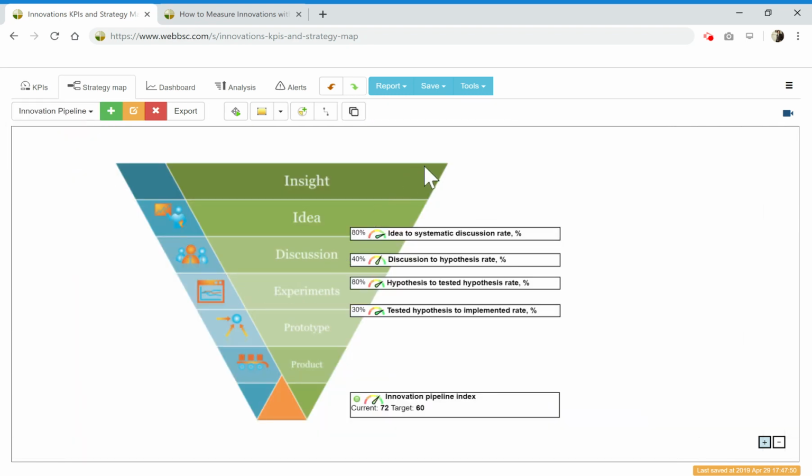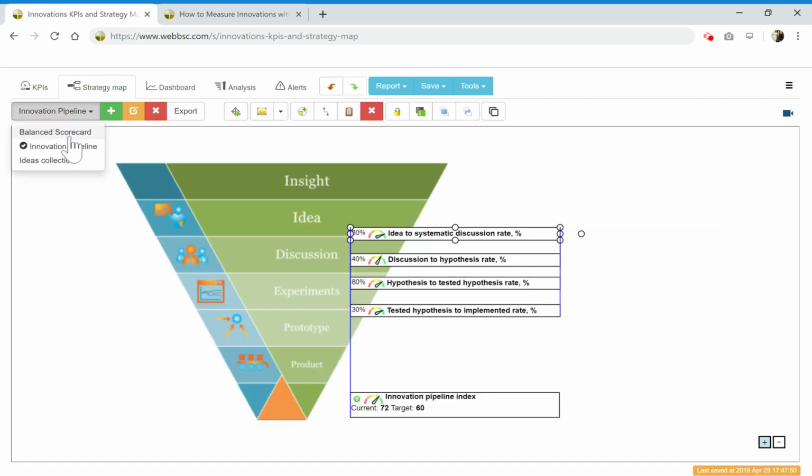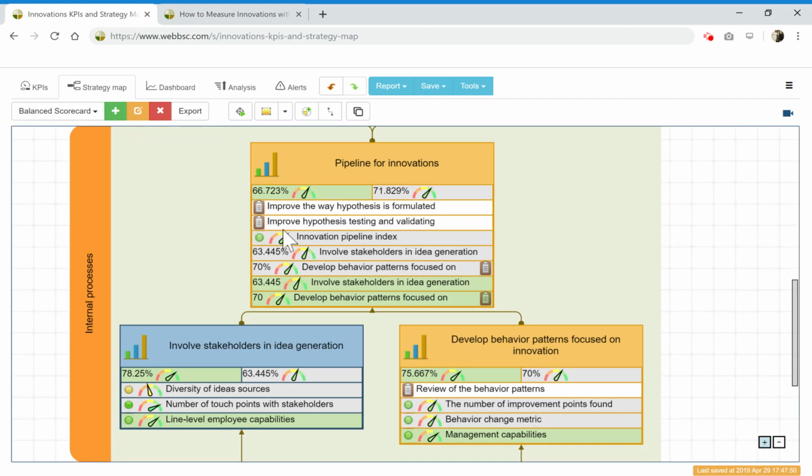For example, you can build it on being very fast in processing the ideas and moving from idea stage to experiment stage. You can build your index around this, giving the maximum weight to this indicator, the idea to systematic discussion rate. And respectively, having the maximum weight, this indicator will lead to having this innovative index.